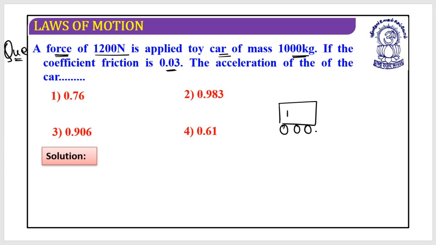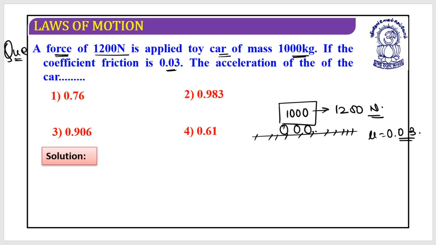Let's suppose it's a force of 1200 Newton, and the toy car is of 1000 kg. What I want is the acceleration of the car, and the coefficient of friction is given, mu is equal to 0.03.